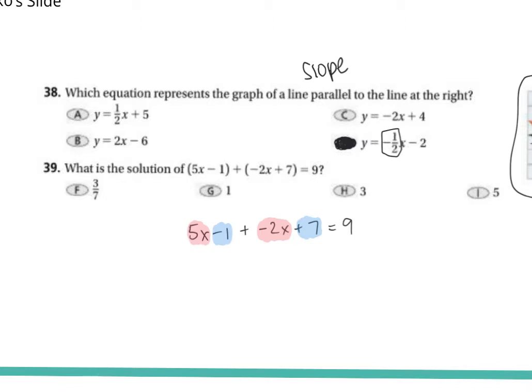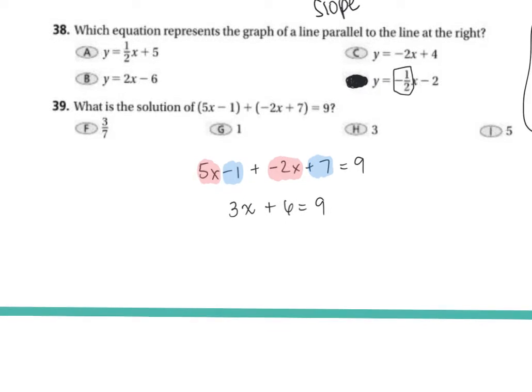What do we get when we do 5x minus 2x? 3x. Oops, I'm writing in highlighter. 3x. What about 7 minus 1? Just 6 equals 9.